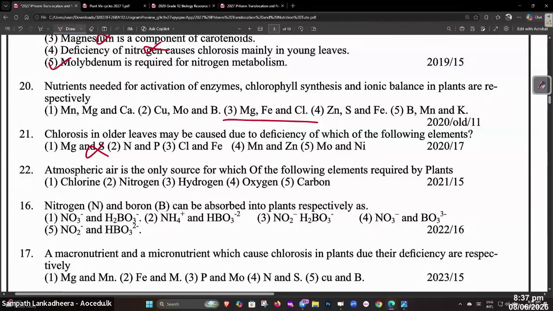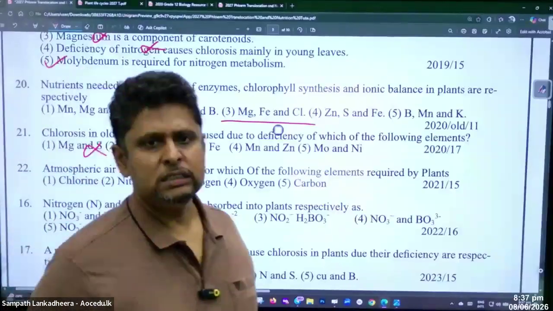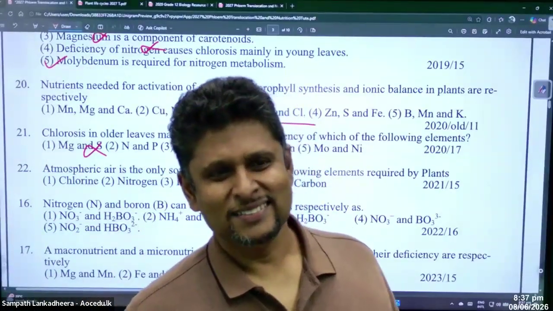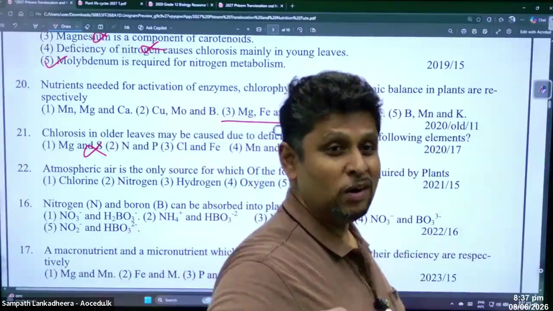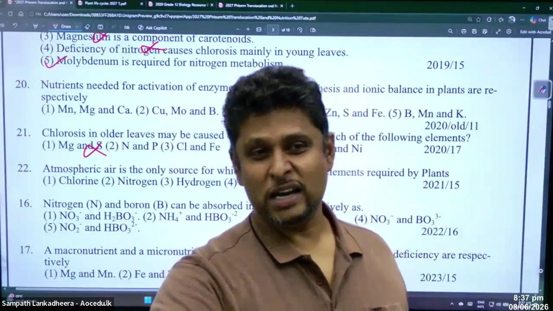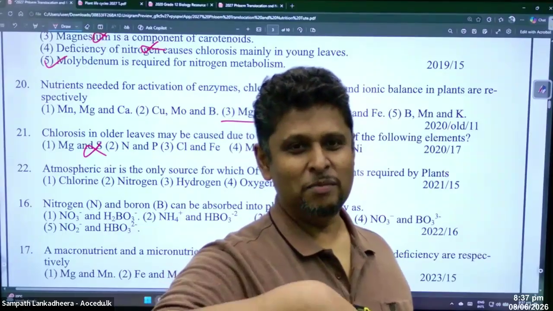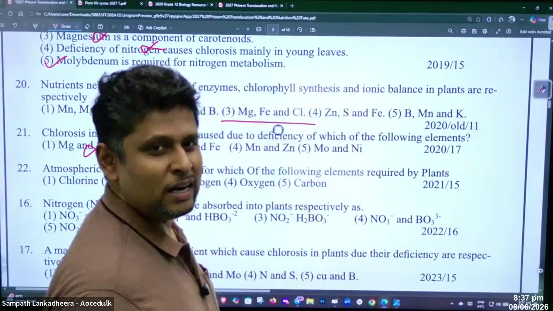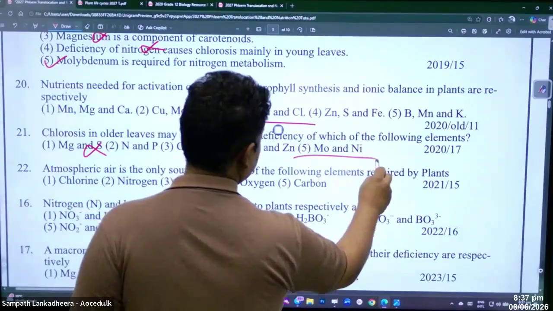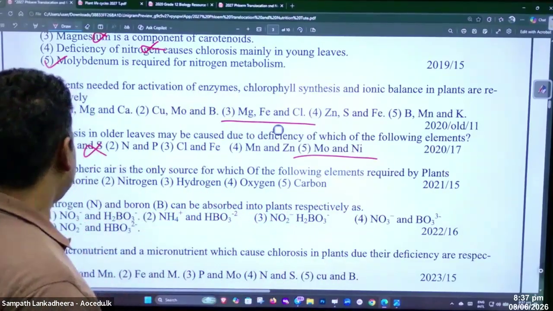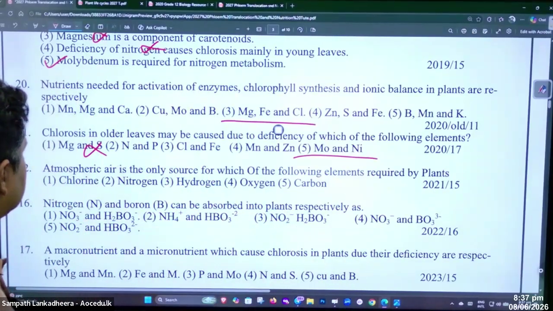Manganese and zinc. Molybdenum and nickel. What's the answer? Molybdenum and nickel, so the fifth one is the answer.